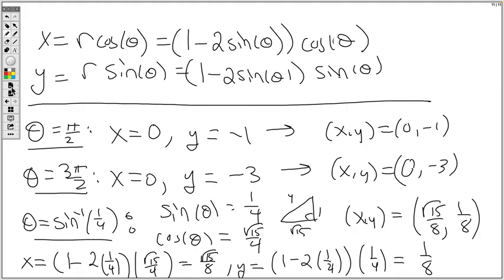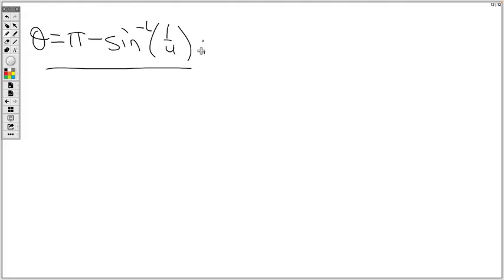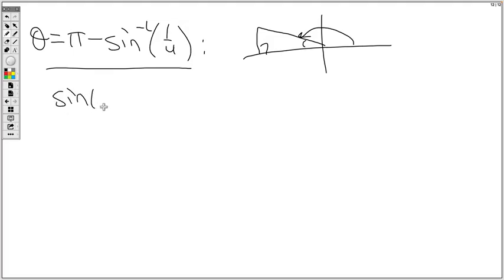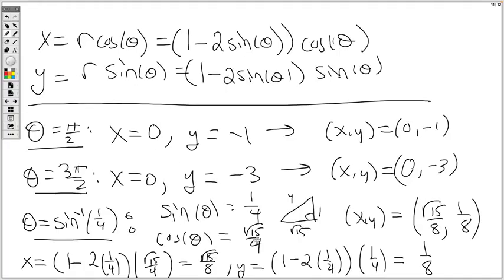And then for our last point, theta is pi minus the inverse sine of a quarter. And once again, unit circle, we're over here now. So the sine of theta is still a quarter, but the cosine of theta would be what? Well, we know that in quadrant 1, the cosine is the positive root 15 over 4.